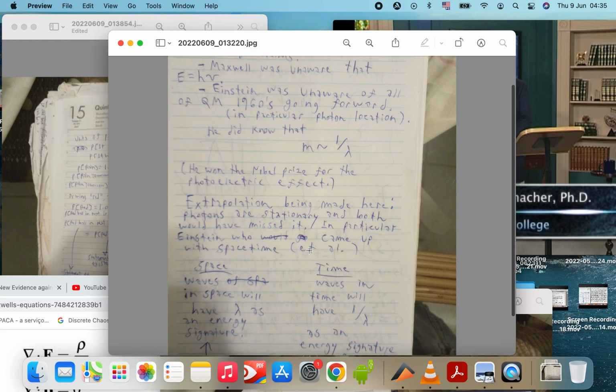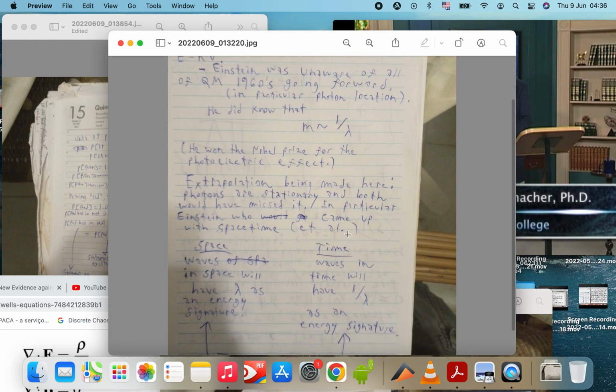Oh yes, and Einstein came up with space-time. So Einstein views the speed of light as a conversion factor that really joins the concept of space and time together, but we want to unpack space from time.